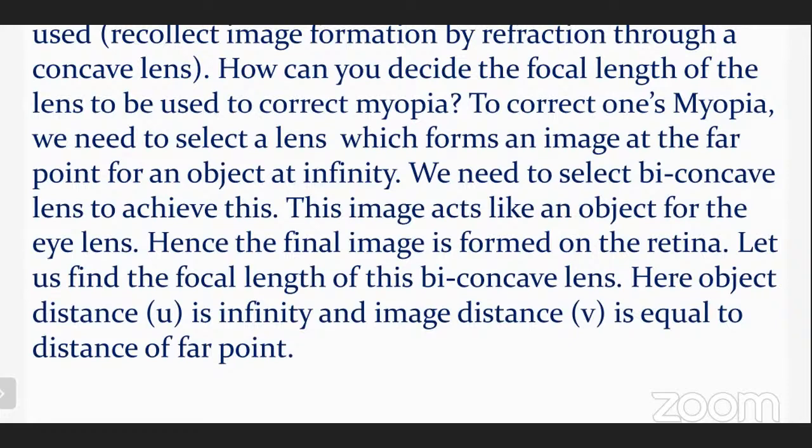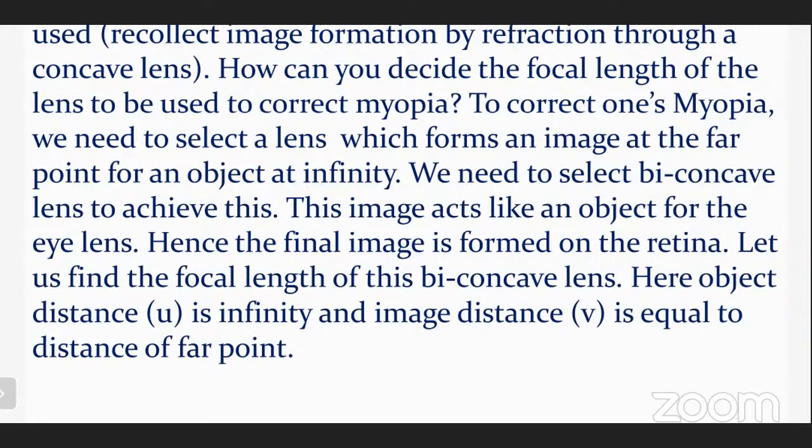So that's why we use the biconcave lens for myopia people. We need to select a biconcave lens to achieve this. Then the image forms on the retina, and the people can see the object the same as normal people.